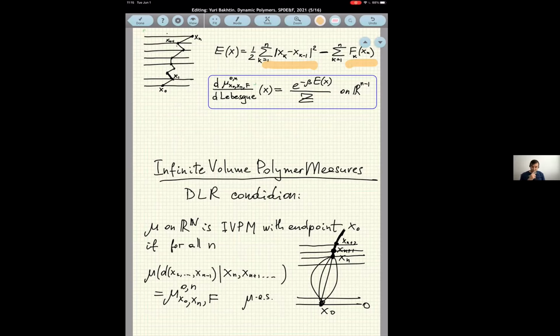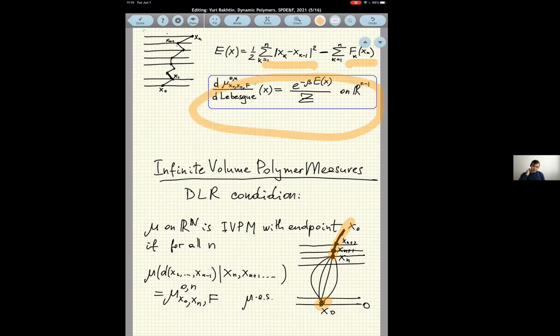A measure on infinite paths is called an infinite volume polymer Gibbs measure with this potential, with this energy, and you have to fix the endpoint, if conditional distributions on finite paths, given the exterior of a finite box, are given by the exponential formula that I already showed you.